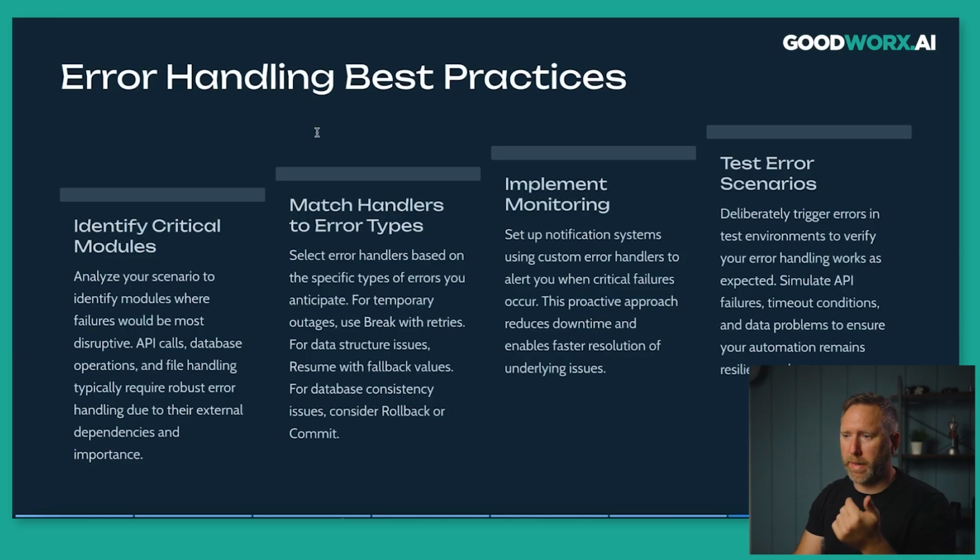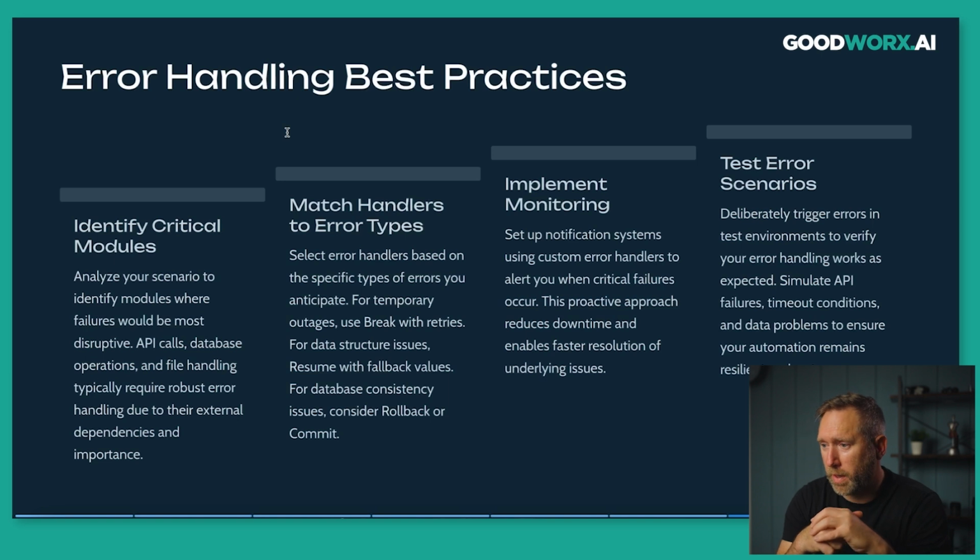Okay, what are some error handling best practices? Number 1, identify critical modules. Analyze your scenario to identify modules where failures would be most disruptive. API calls, database operations, and file handling typically require robust error handling due to their external dependencies and importance.